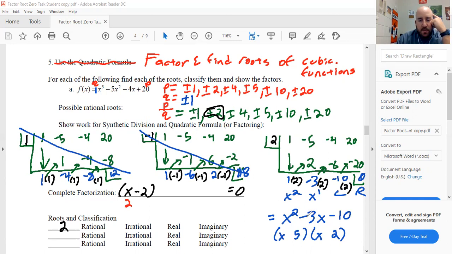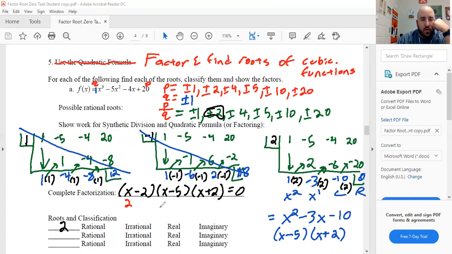So they have opposite signs. Then what's going to give me negative 3? Positive 5 minus 2 or positive 2 minus 5? It's going to be positive 2 minus 5. So those are going to be my last two factors, x minus 5 and x plus 2.